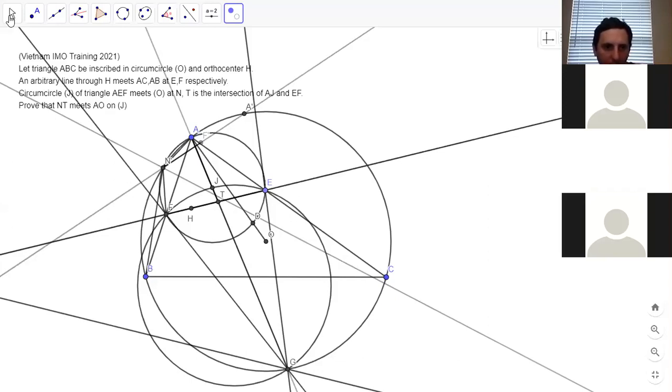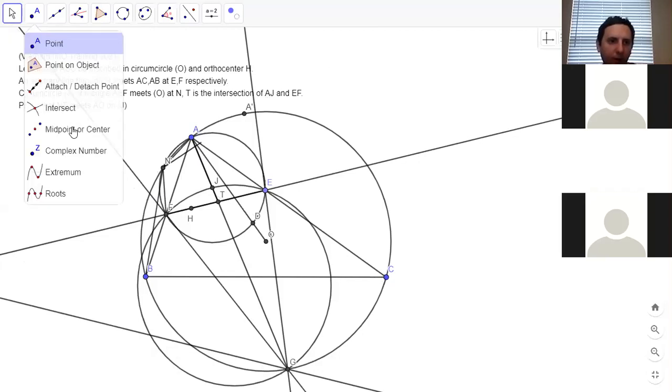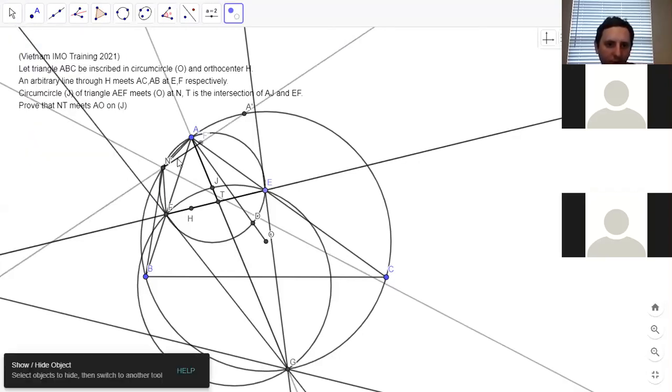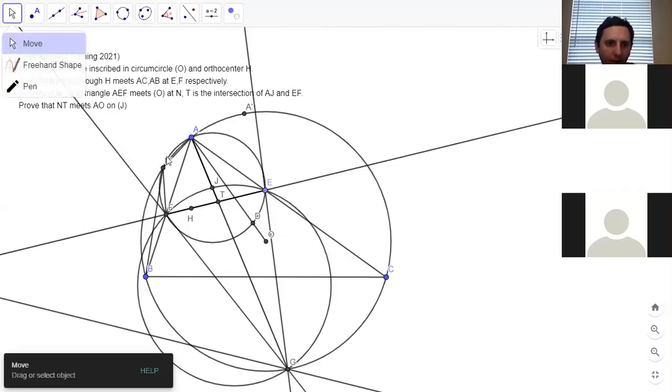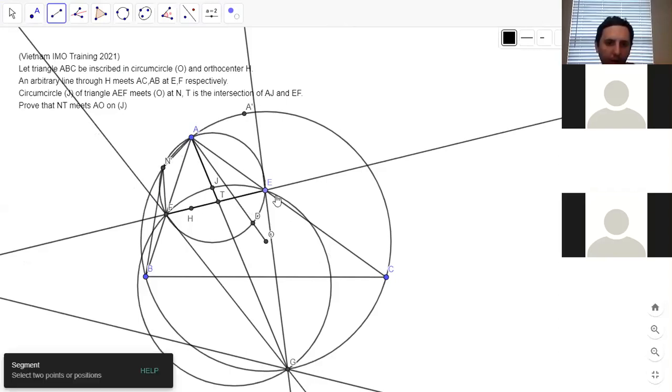I think that's good. So the spiral similarity takes A to A prime. So NAEF is similar to NA prime CB.